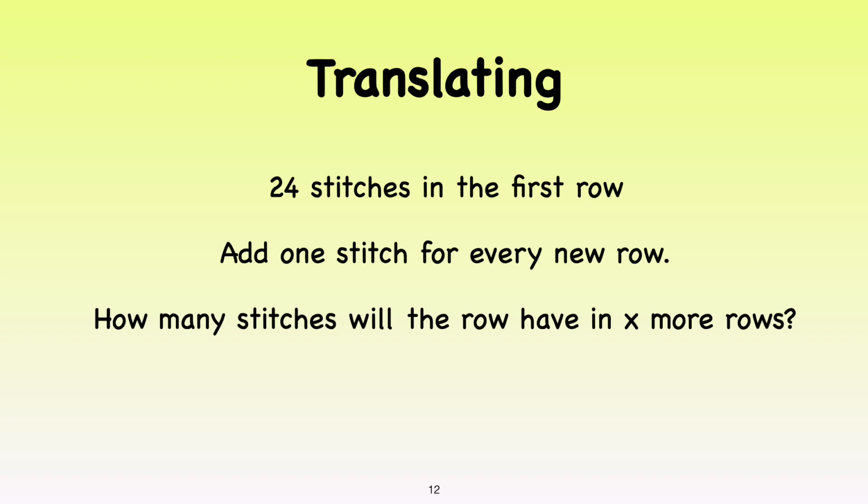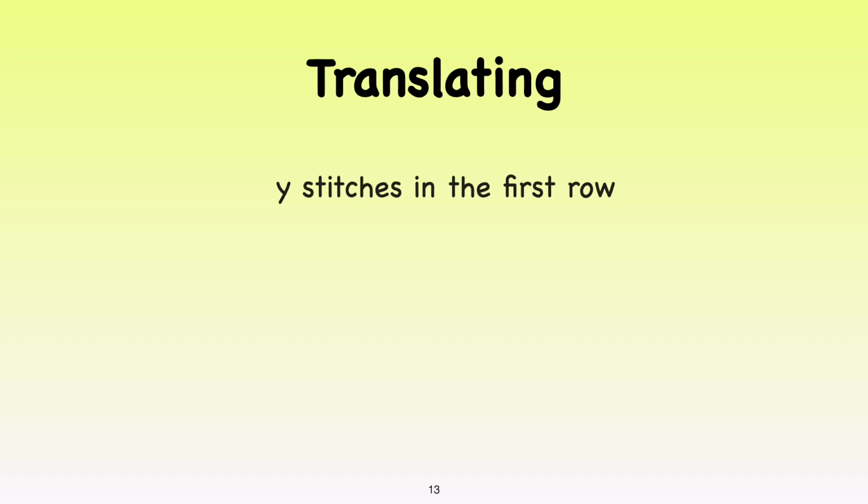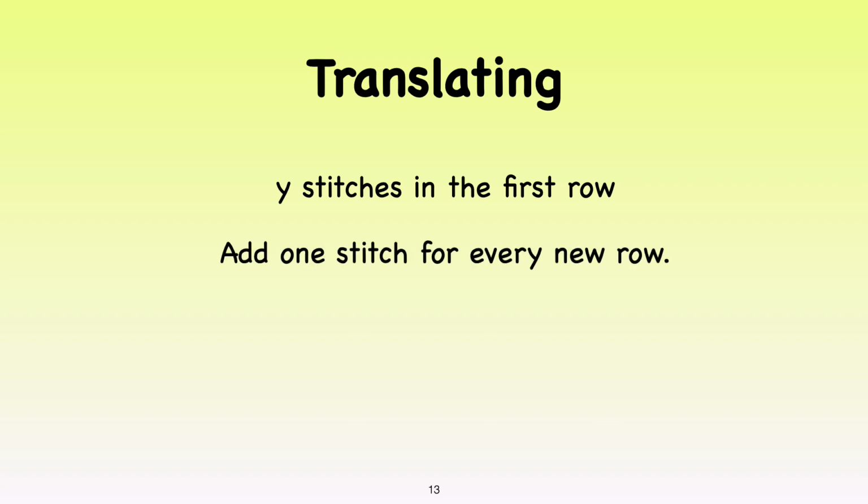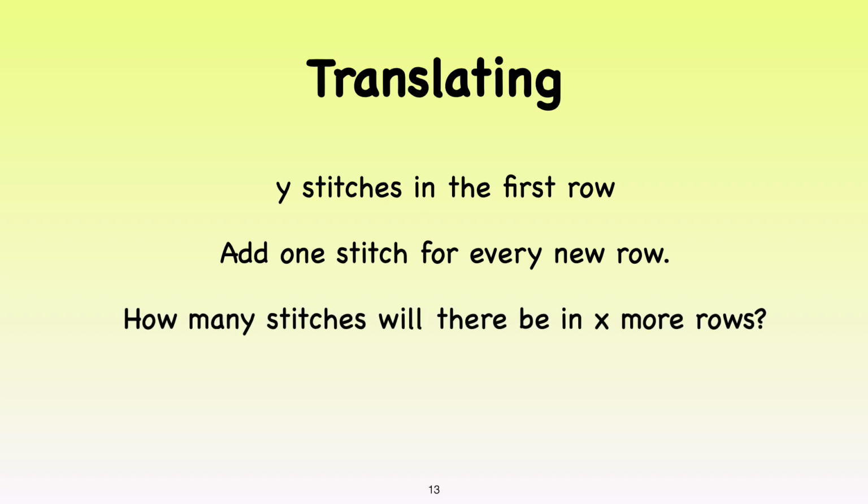Edna would have to add X stitches, so there would be 24 plus X. If she needed Y stitches for the first row and wanted to add 1 more stitch to each row, what's a way to say how many stitches there will be in X rows after that? Y plus X.